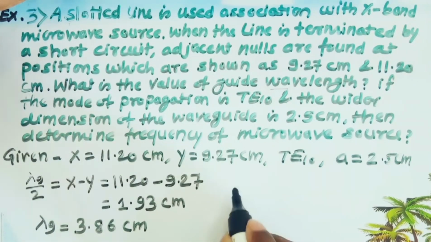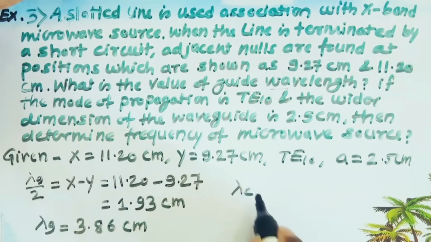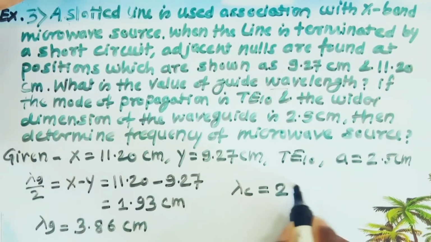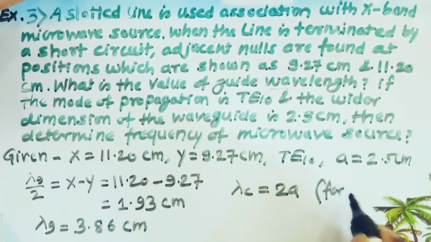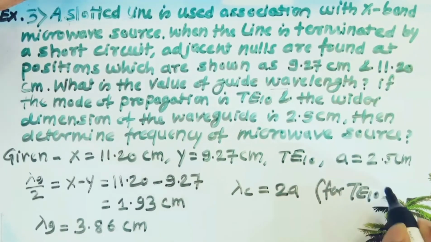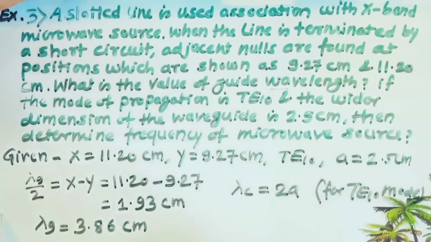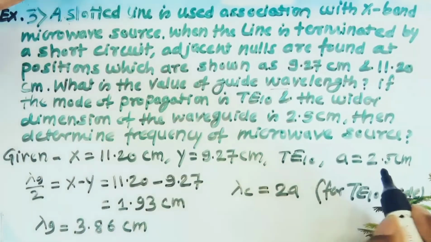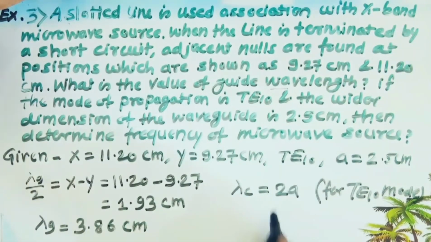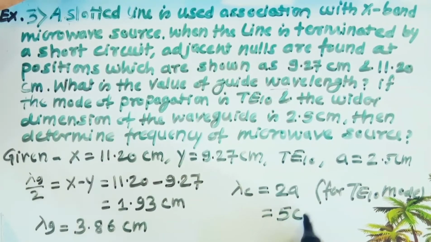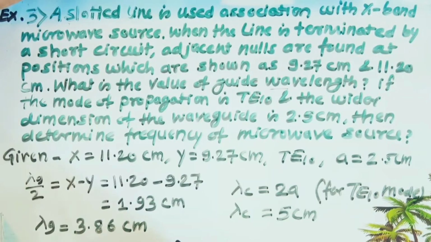Okay, now next we can find out the lambda c. So lambda c is nothing but twice a. Now for TE10 mode, it is given as 2.5, so lambda c becomes equal to 5 centimeter. Okay, now next we know the formula for the guide wavelength.